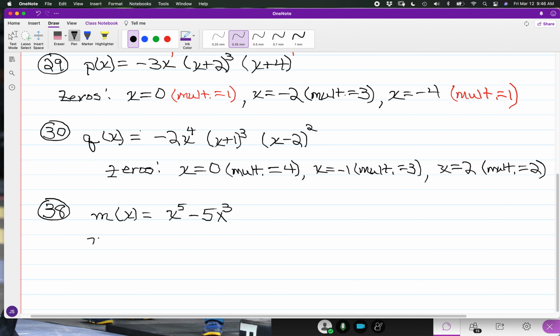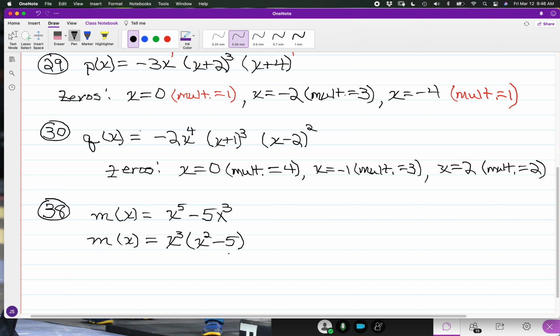Both of these terms in the difference have the variable x present, so the greatest common factor is x to the third. Factoring out x cubed, we have x squared minus 5.